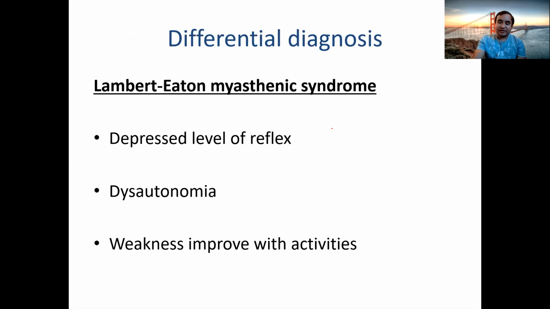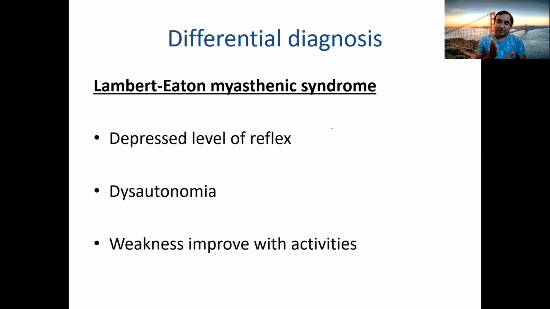One differential diagnosis for myasthenia gravis is Lambert-Eaton myasthenic syndrome, where there is also fatigability. But the classical picture of LEMS is that the weakness in the limbs, which the patient complains of, will improve with activity.